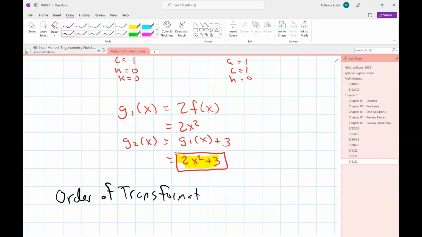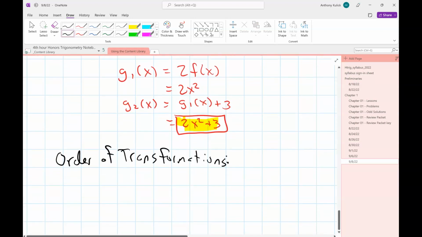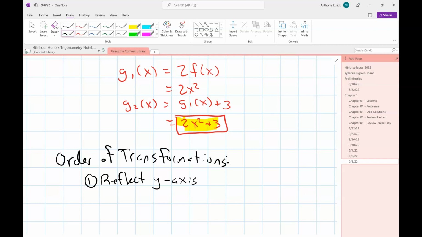So this is the order of transformations. The first thing, reflection on the y-axis. Two, the horizontal stretch or shrink.